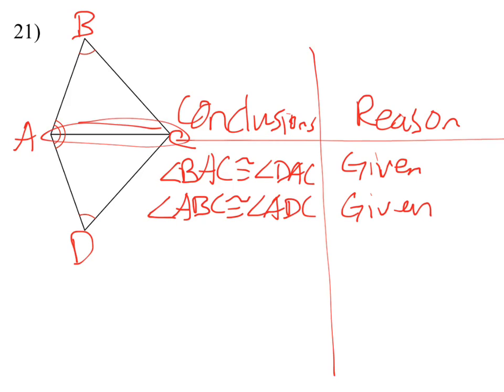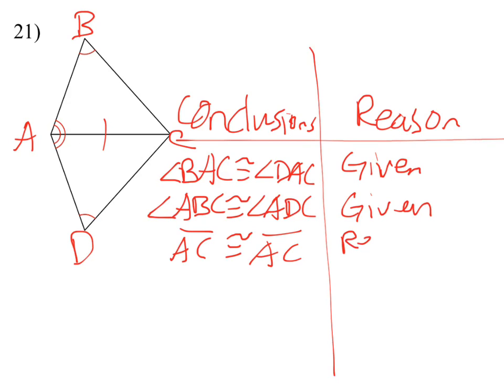And then right here in the middle, I have a shared side between the two triangles. I can add a little congruent mark by saying AC is congruent to itself. And that's the reflexive property that lets you put that down. And now I have on my top triangle two angles in a row and then a side.